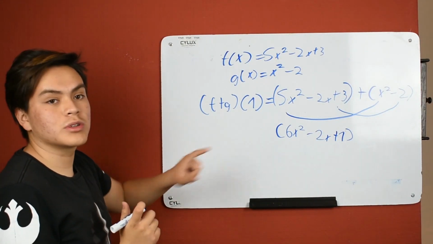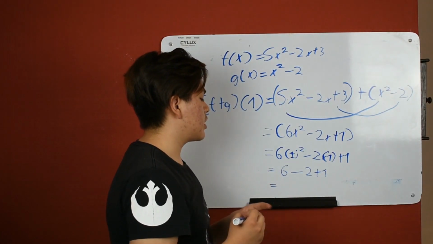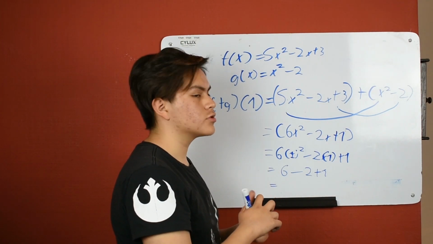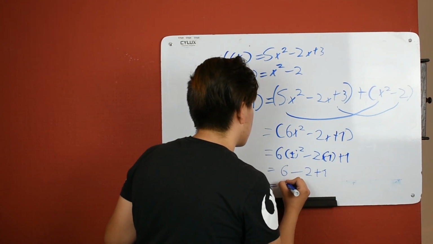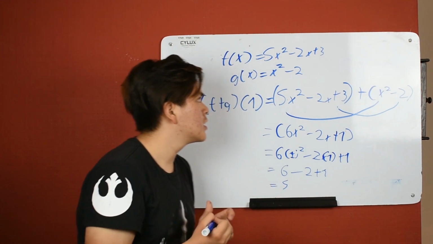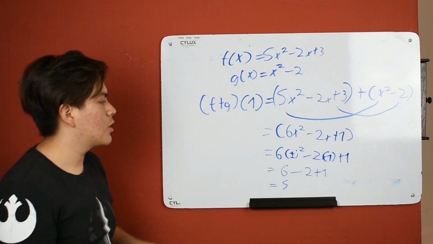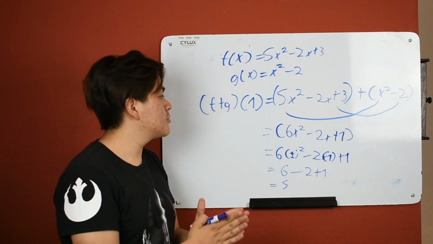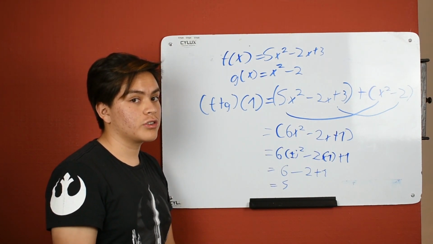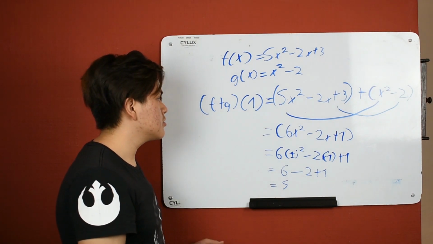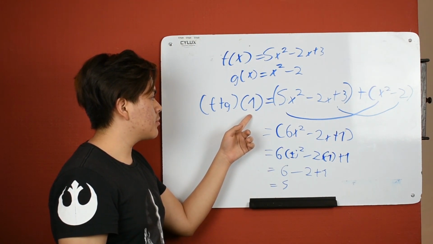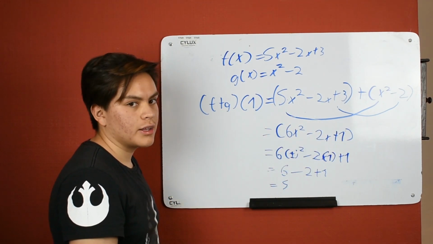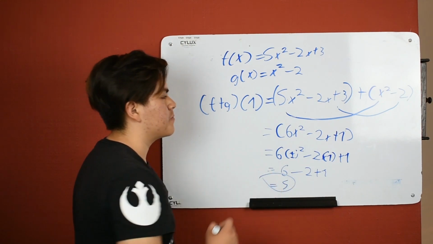So we have to replace with 1. So 6 minus 2 is 4, and 4 plus 1 is 5. So in this example, we have two different functions that get summed, and in order to replace the x, the independent variable, with 1, we do the operations to get the final result of 5.